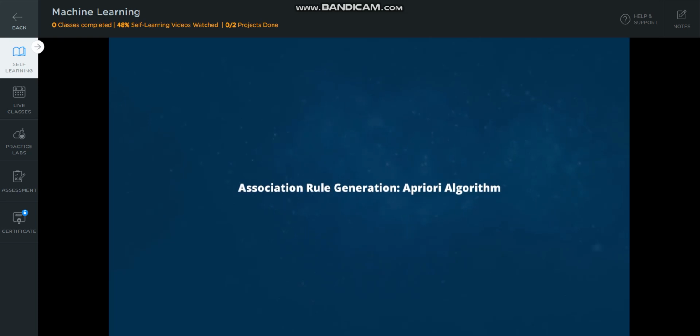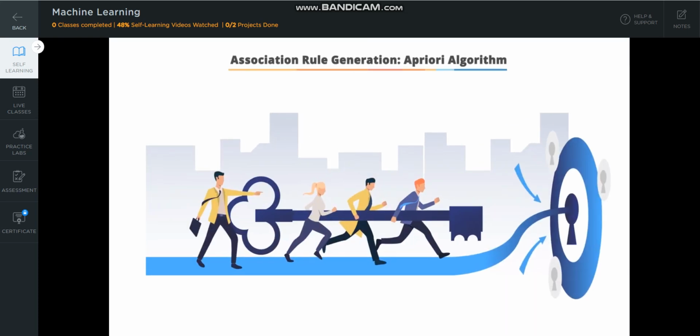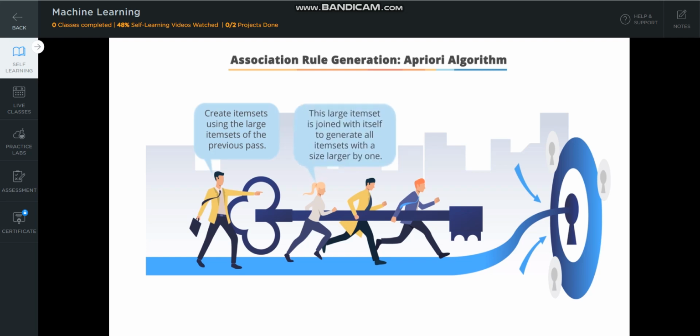Association rule generation, a priori algorithm. Candidate item sets with the a priori algorithm are created using only the large item sets of the previous pass. The large item set of the previous pass is joined with itself to generate all item sets with a size that's larger by 1. Each generated item set with a subset that is not large is then deleted.